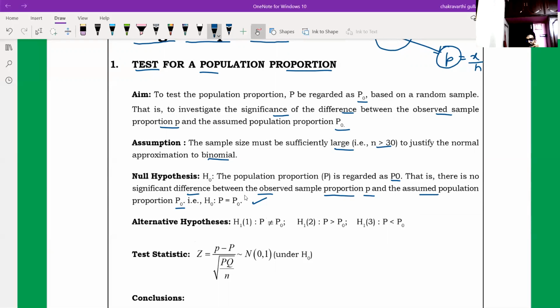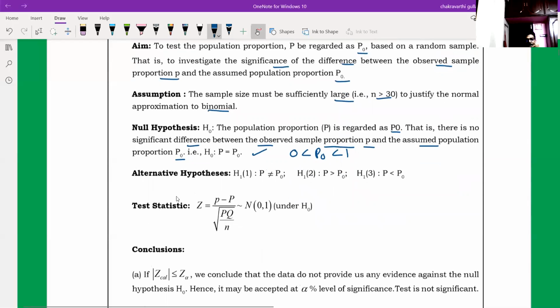P naught lies between 0 and 1, both excluded.